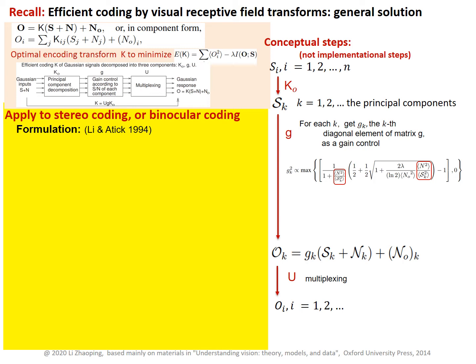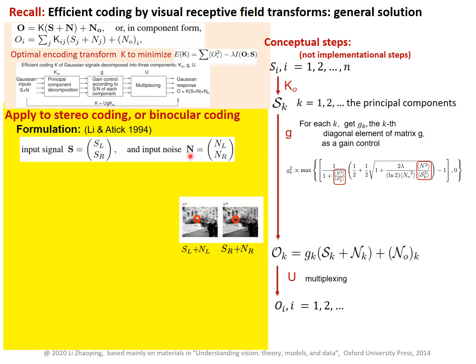This is how one can formulate it. The input signals are seen as a two-dimensional vector rather than n-dimensional as in the general case. Here it is two-dimensional, with one component from the left eye input and the other component from the right eye input. Similarly, we have the input noise. This means that we are ignoring the spatial structure of the input images and focusing only on whether the input is coming from the left eye or the right eye.